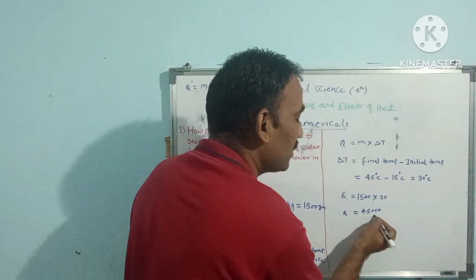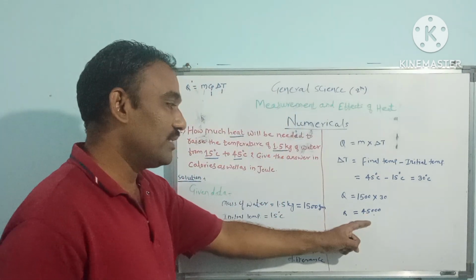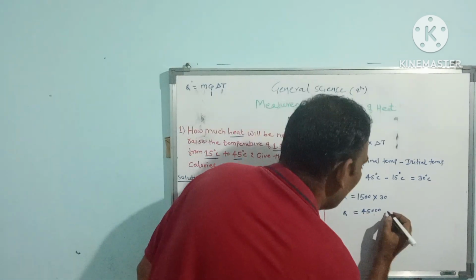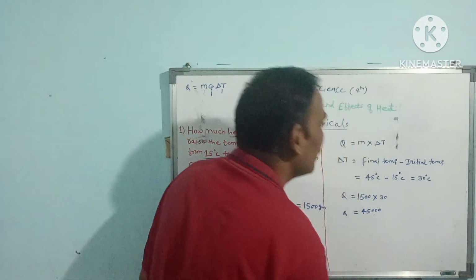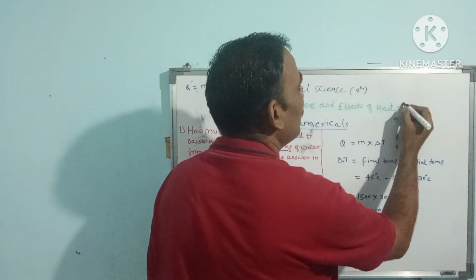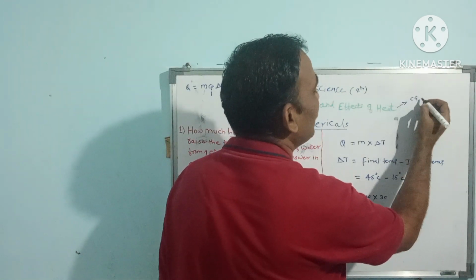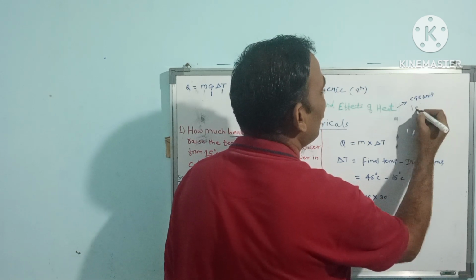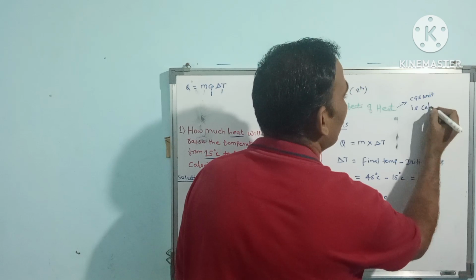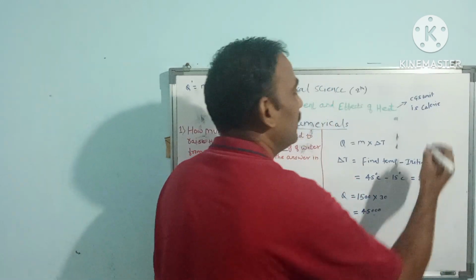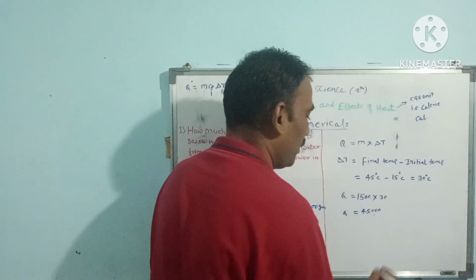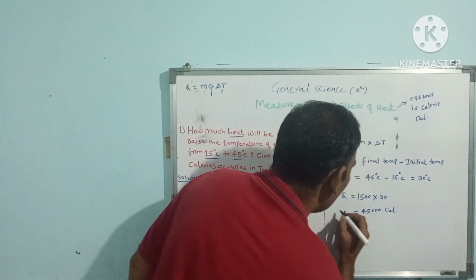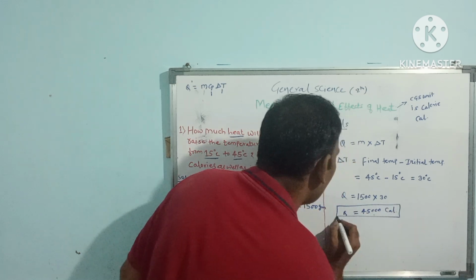But as the mass is considered in gram, we should go for the CGS unit of heat. As I told in the last session, the CGS unit of heat is calorie. So the heat needed is 45,000 calorie. This is our correct answer.